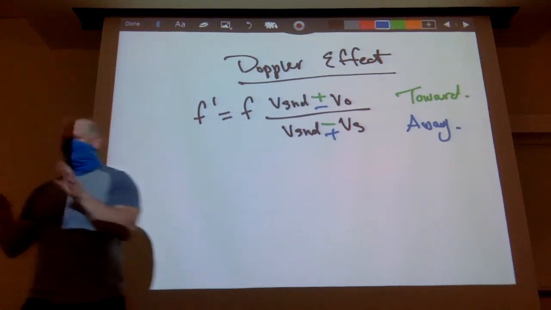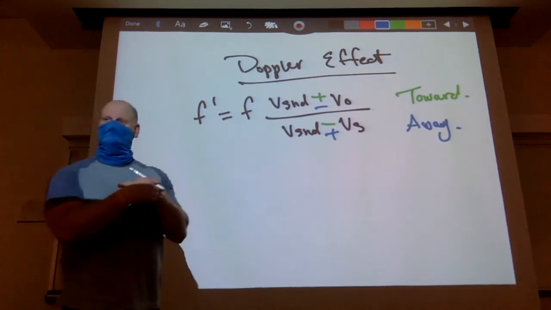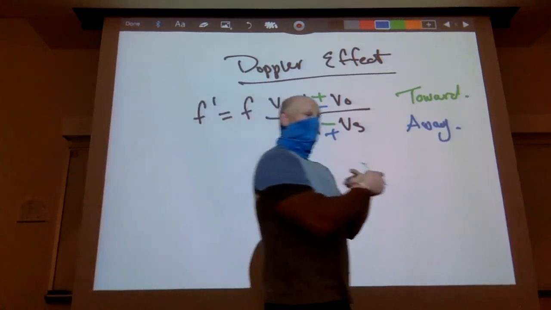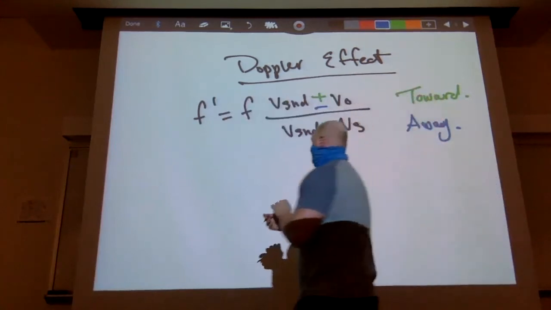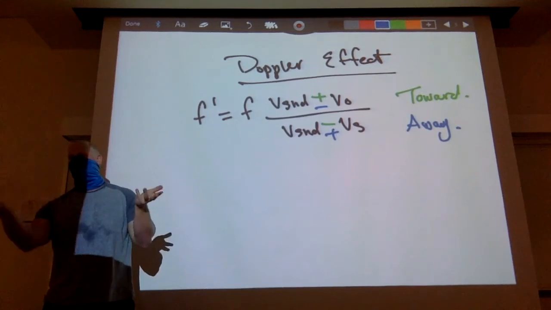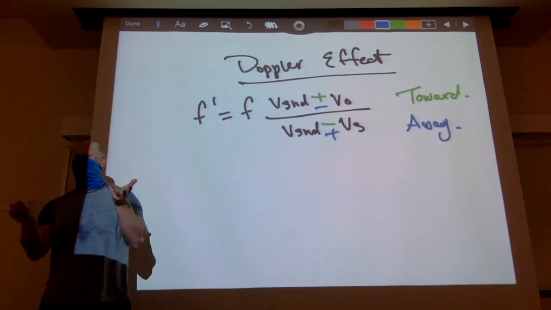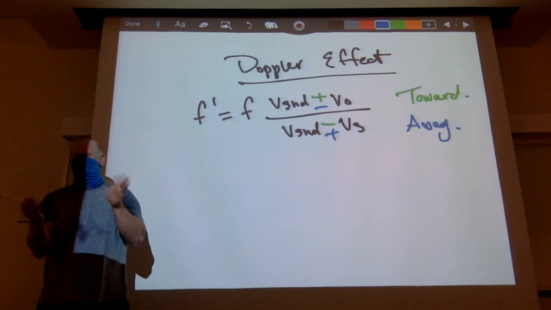Now, here we have to take this a little bit with a grain of salt in the fact that we have to look at what each one of the two objects are doing relative to the other one. Right? Which means that, let's say I have two objects which are moving. You're being chased by a cop car, because you're doing 80 on a road you're not supposed to be, so they may actually pull you over for once.